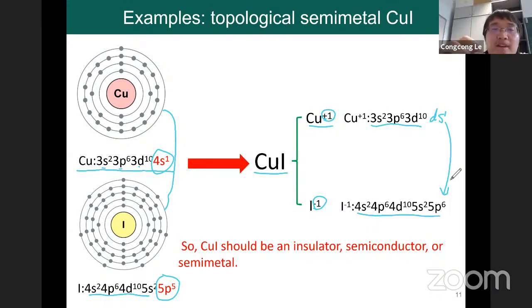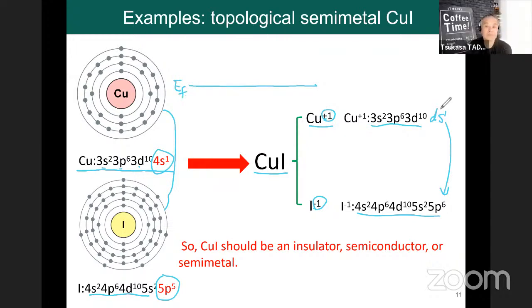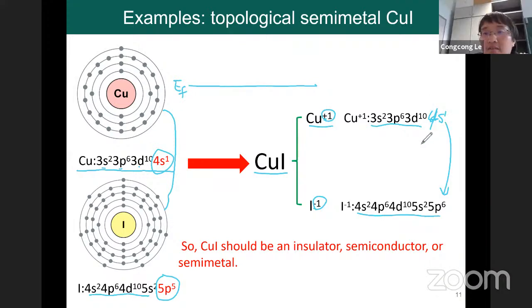And also from this information we can get the band structure, like if the formula is here. Because the s orbital is empty, the s orbital band should be up.